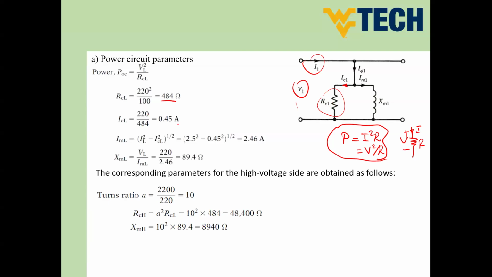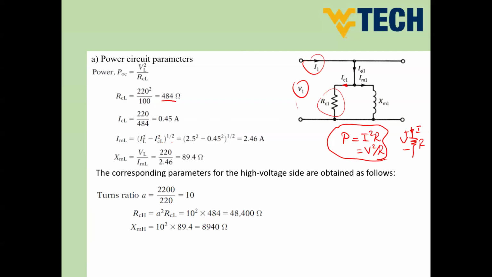Then, if you have current flowing in a resistor and reactor in parallel like that, simply you can say this current here, guys, equals the square root of real square plus imaginary square. So he calculated IML, the current flowing in this reactance, as the square root of IL square, which is the given no load current, minus ICL square.